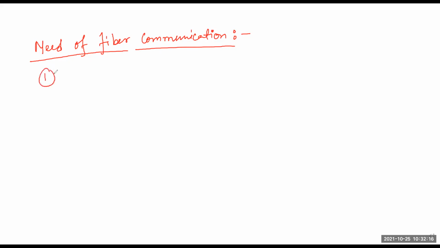So here, the low loss medium, getting low loss signal.